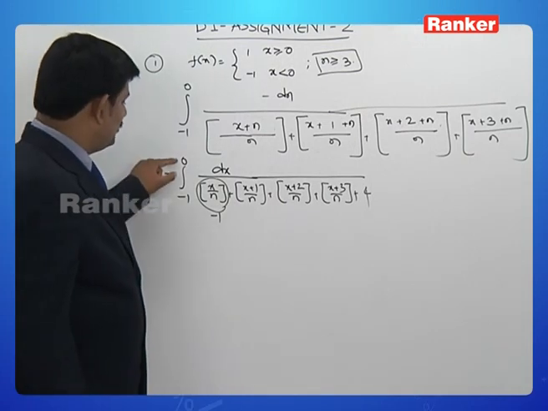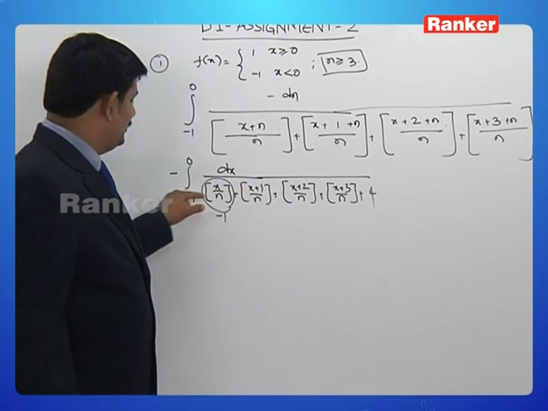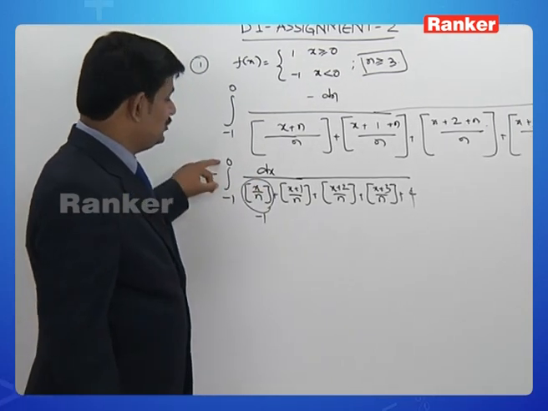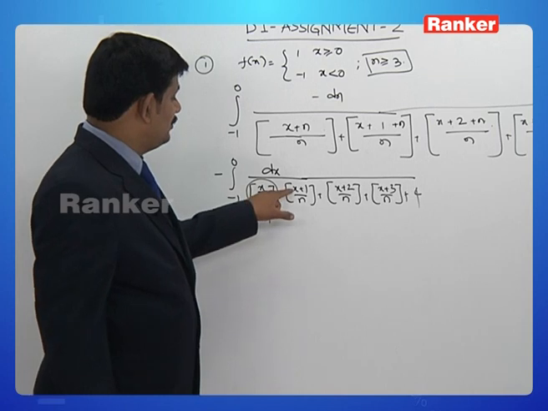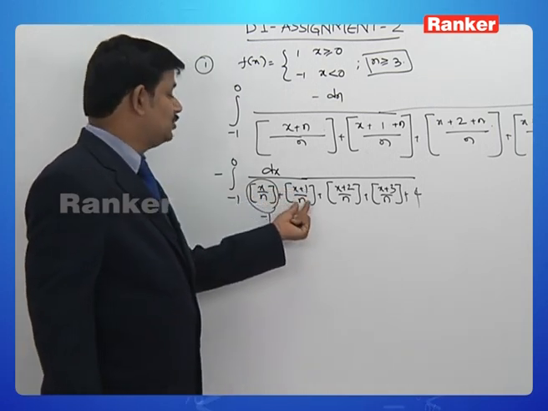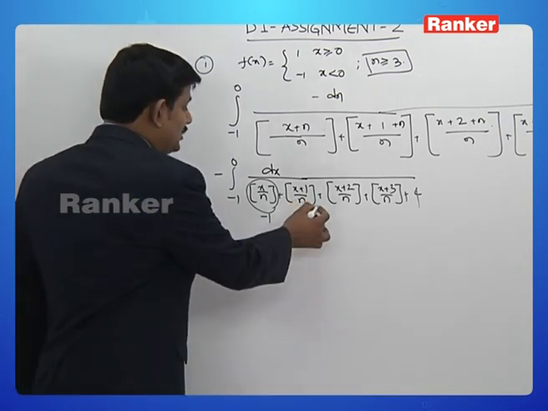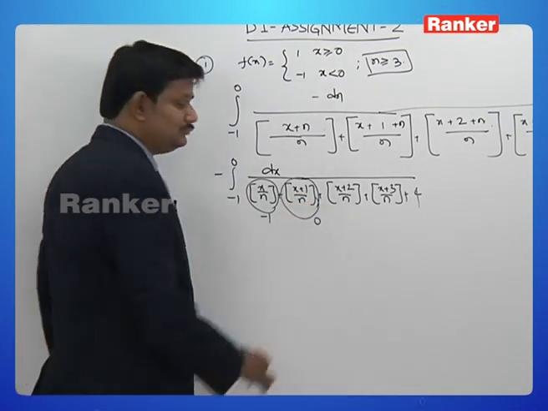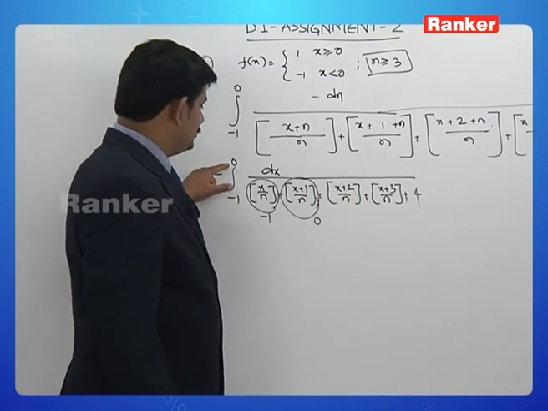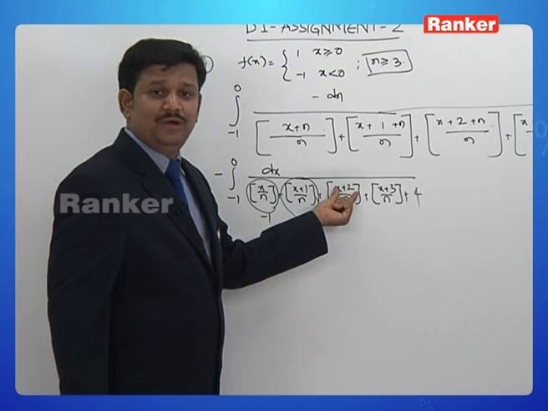Now, when x lies between minus 1 and 0, x plus 1 will lie between 0 and 1. Any number between 0 and 1 divided by an integer greater than or equal to 3 will also lie between 0 and 1. So, this integral part will become 0. X plus 2, x is varying from minus 1 to 0, so x plus 2 will vary from 1 to 2.